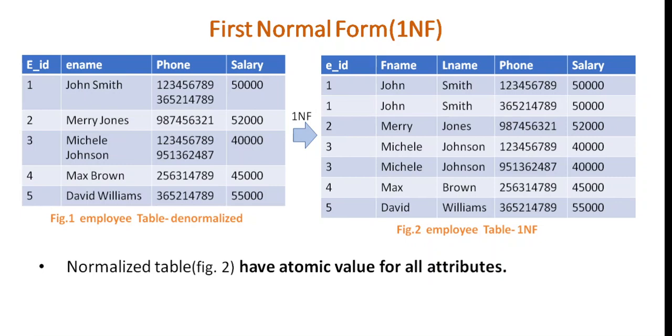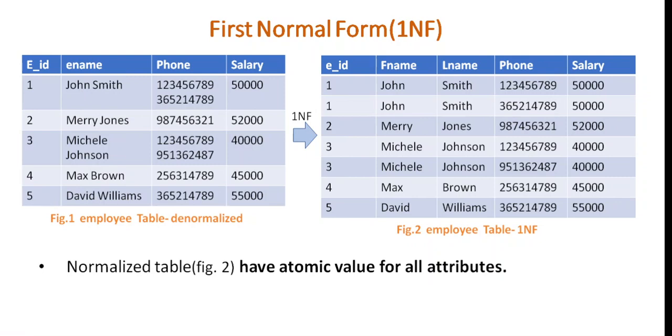This figure 2 table is a normalized table which has atomic values for all attributes. Employee ID cannot be divided further. First name and last name also cannot be divided further. Phone number cannot be divided into subcomponents, and salary also has an atomic value.